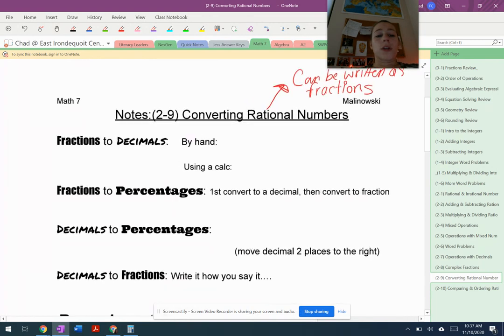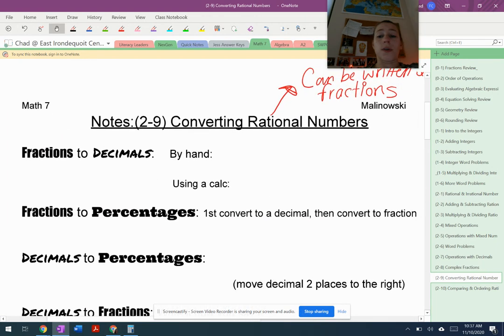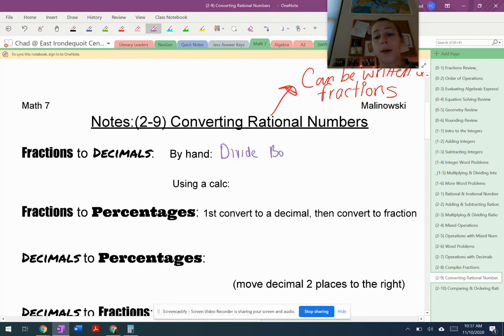All right, so the first one here, when you're taking a fraction to a decimal, there are two ways you can look at that, and it depends on if you're using a calculator or if you are working by hand. If you're working by hand and taking fractions to decimals, you're going to divide bottom out, which just means when you do the house, the bottom goes on the outside and the top goes on the inside.